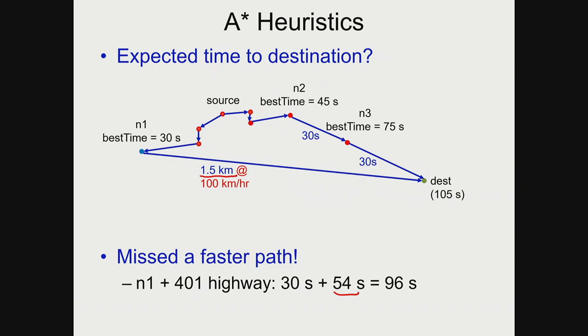So I predicted a higher number: I predicted I would drive at 60 kilometers an hour, but from N1 I could drive at 100. If I'd ever looked at N1, I'd find a street segment that's part of the 401, goes right to the destination, and takes 54 seconds, so I would have got there in 96 seconds. So I didn't get the shortest path.